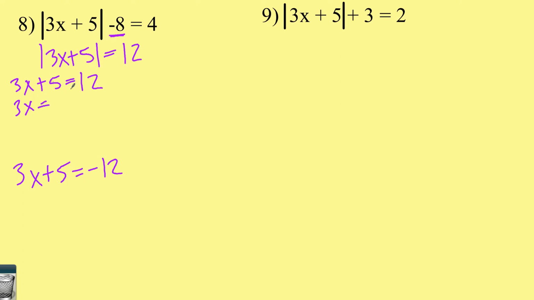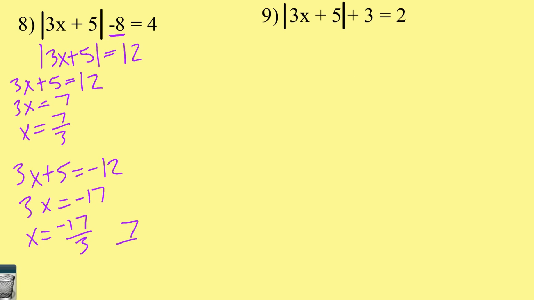All right, minus the 5, what is that, 7, 7/3. All right, so we have two answers here, 7/3 and negative 17/3. And again, you can plug those in, and both of those will work.